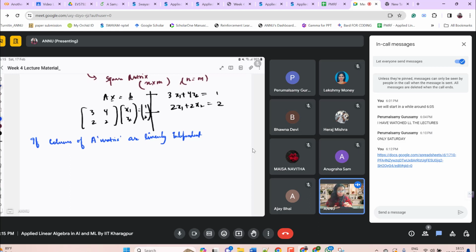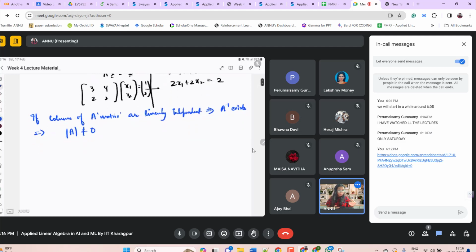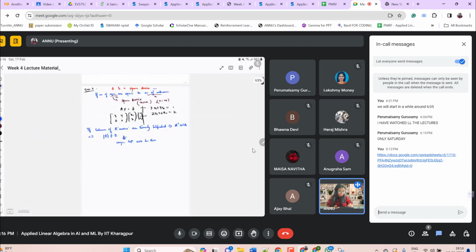So if it is linearly independent, then we say A inverse exists, and this implies mod of A is not equal to 0, meaning the determinant of A is not equal to 0. And at the same time, if A inverse exists, then a unique solution exists. I hope this is clear.